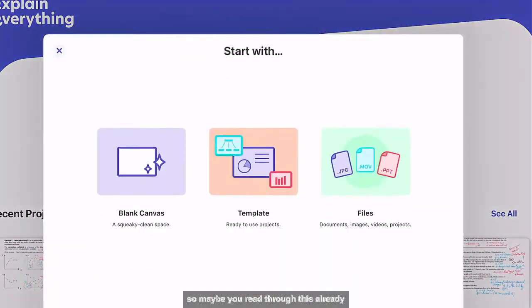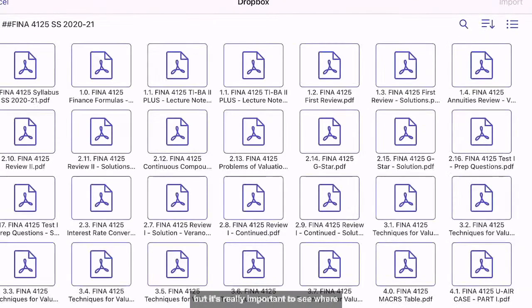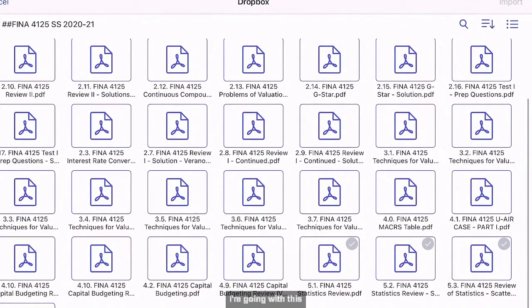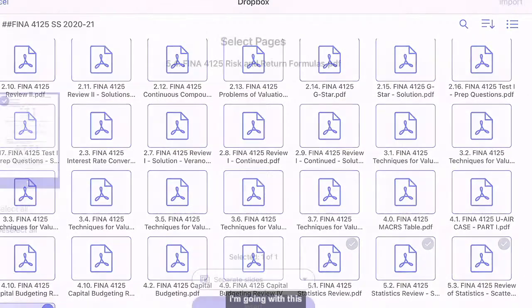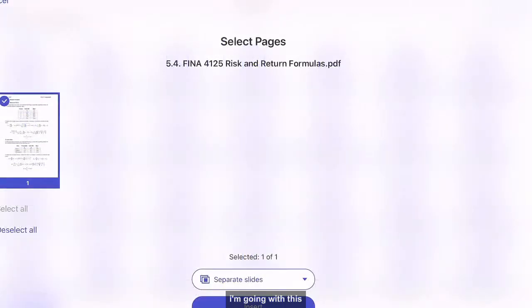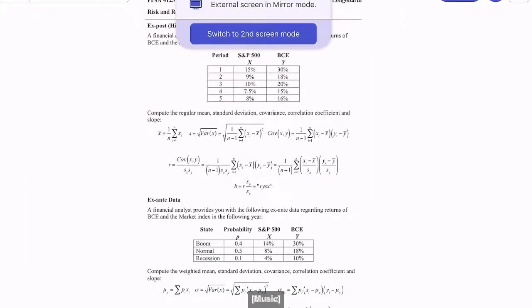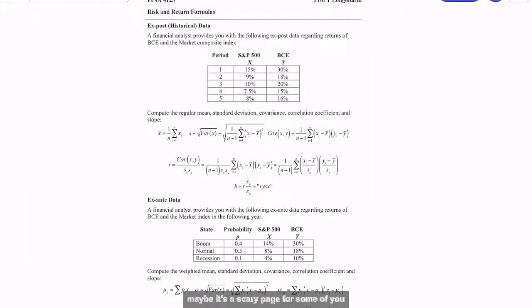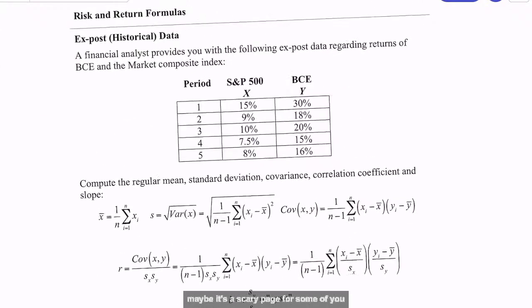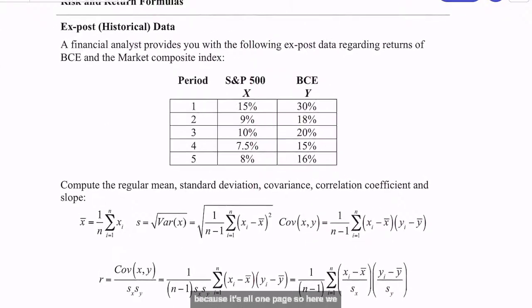So maybe you read through this already, but it's really important to see where I'm going with this. So I put everything on one page. Maybe it's a scary page for some of you, but you'll appreciate it later because it's all on one page.